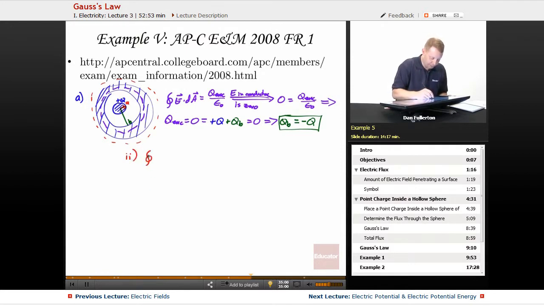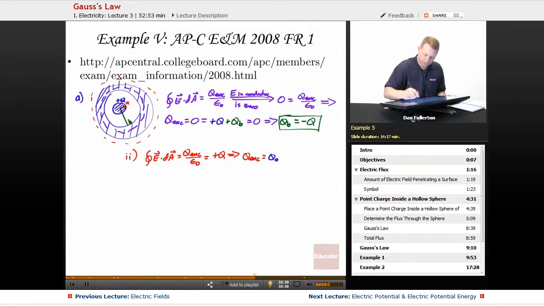The integral now over the closed surface of E dot dA, which is Q enclosed over epsilon naught, always starting by writing Gauss's law, must be equal to the total enclosed charge, which must be plus Q. We know that because it says this is neutral in the whole, and that's your positive plus Q. So Q enclosed equals we've got our QA, which we called plus Q over there.